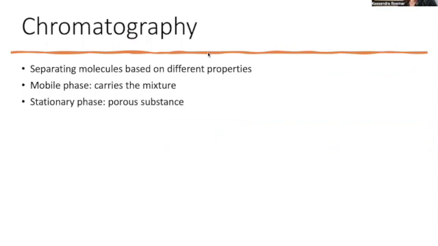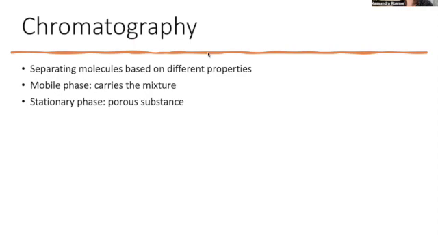All right. Touching on separating proteins really quick and how to manipulate them, for example. So if we want to separate a compound or a mixture based on the different properties, we would usually utilize chromatography, which separates molecules based on different properties, and usually is a mixture that is dissolved in a mobile phase, so a phase that carries the mixture, and it moves through a stationary phase, so usually a porous substance.